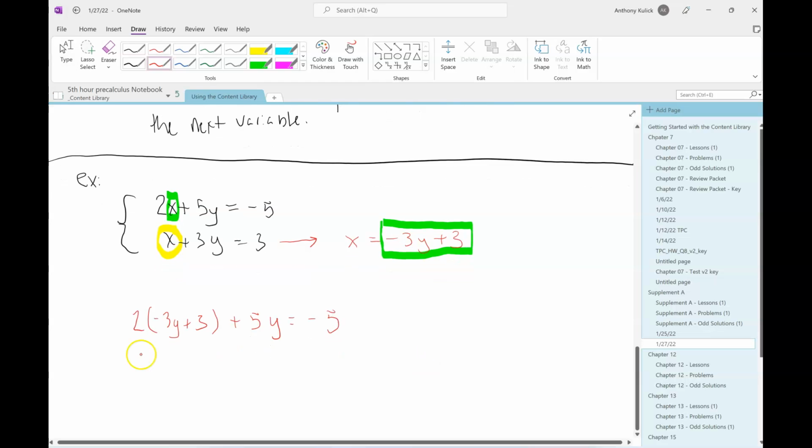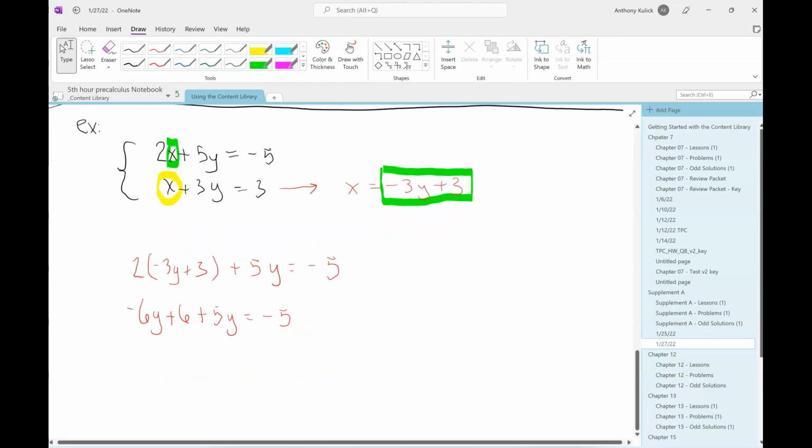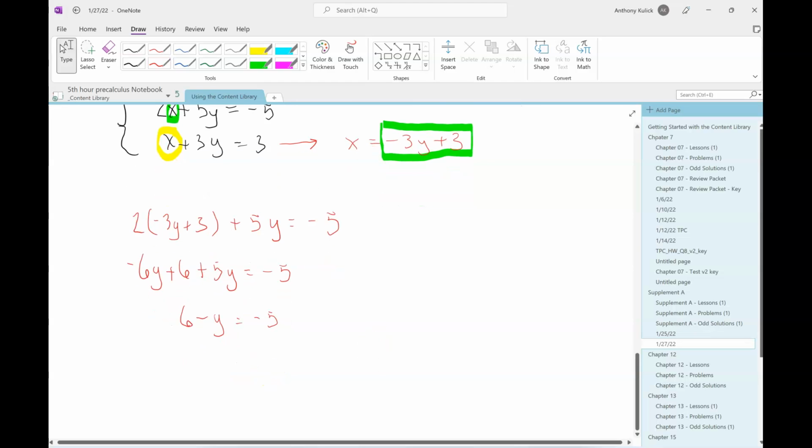So I'll start just by distributing the 2 through, giving me negative 6y plus 6 plus 5y equals negative 5. I'll then add the negative 6y and 5y to get negative y. I'll subtract 6 from both sides and then divide by negative 1.